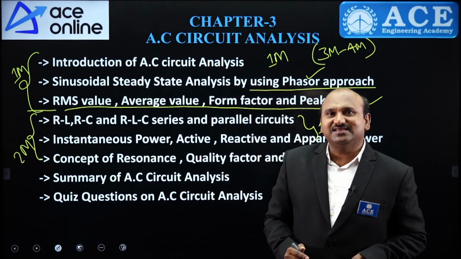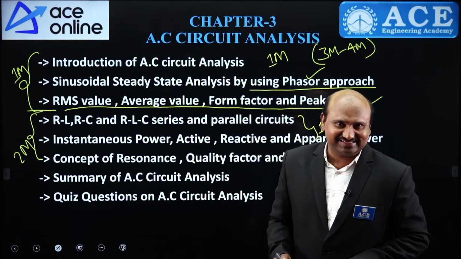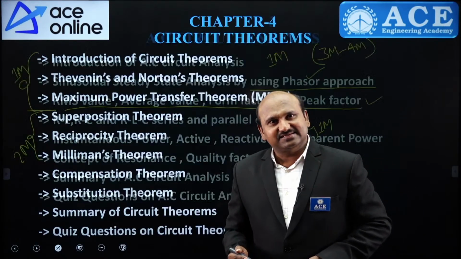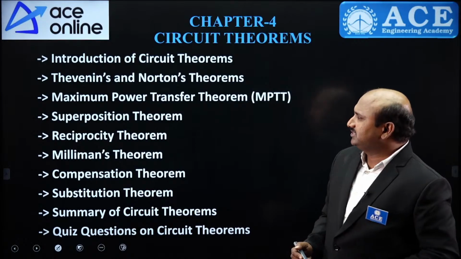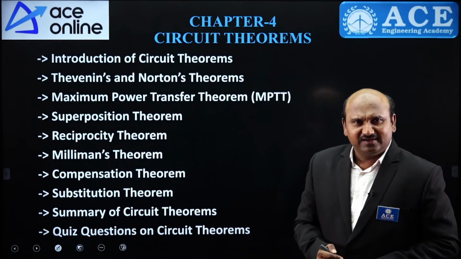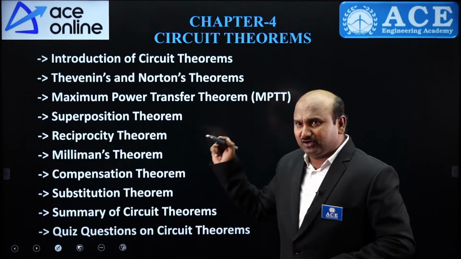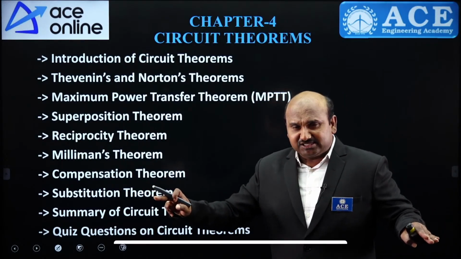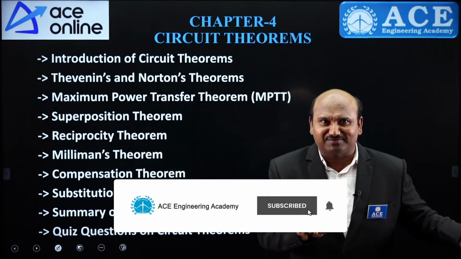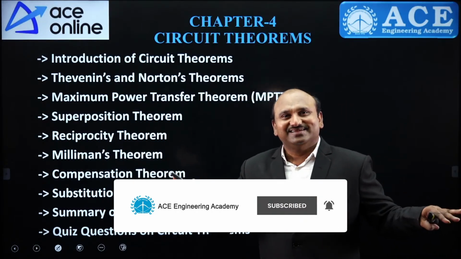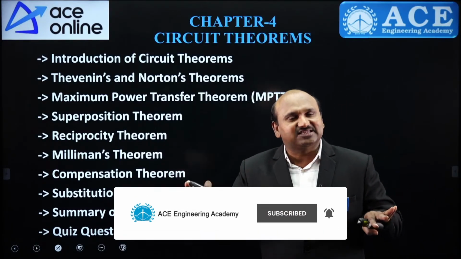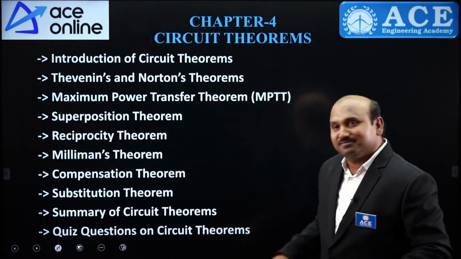Then we will go for some of the simplification techniques, that is, circuit theorems. This is very important. That's why your preparation should go like that. Don't go at a time. Once DC analysis is complete, some students go for DC theorems. Don't do that. Once you complete DC as well as AC, then take the theorems.